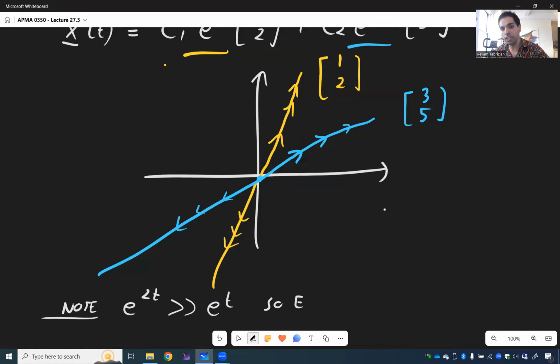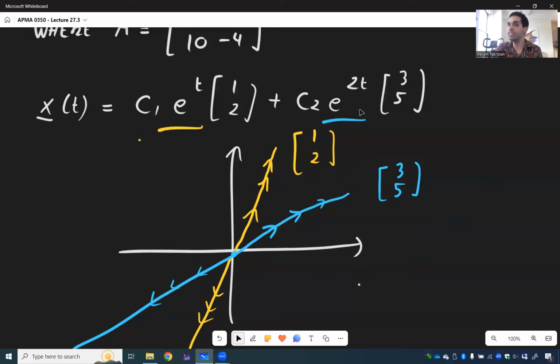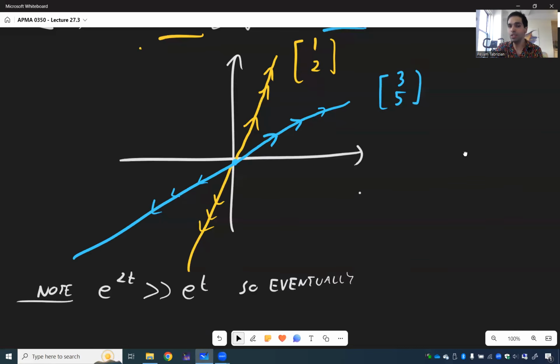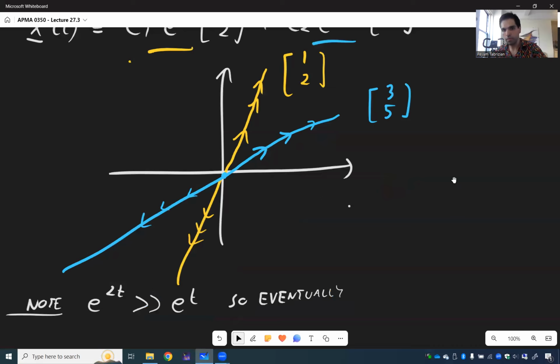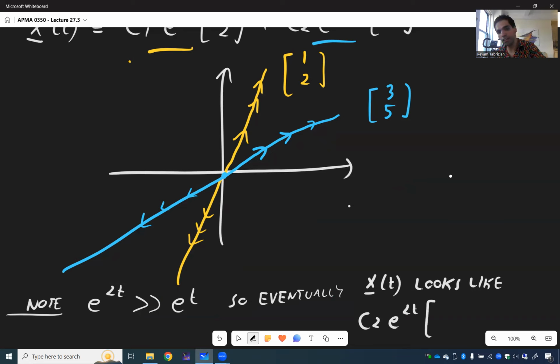So eventually, the solutions will just look like the second part, c2 e^(2t). So in other words, if t is large, x(t) looks like c2 e^(2t) (3, 5), which really is a constant times (3, 5), so it becomes parallel to (3, 5).